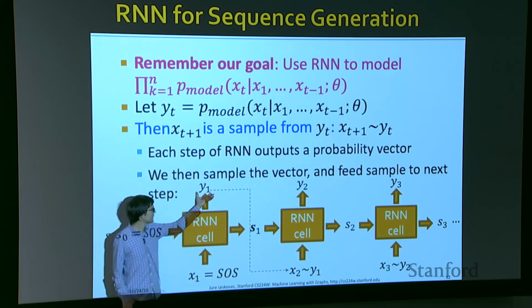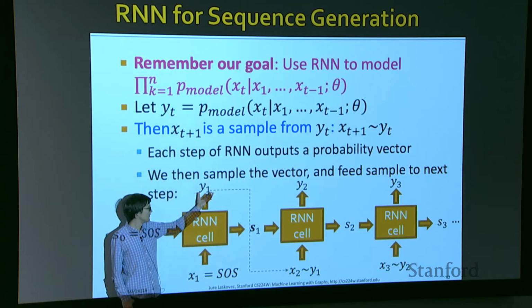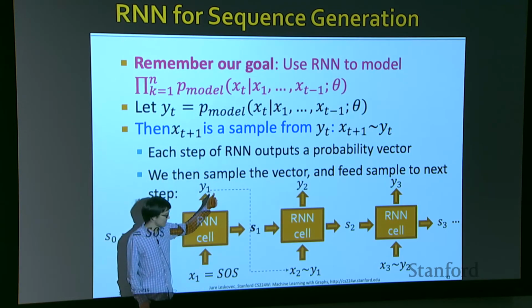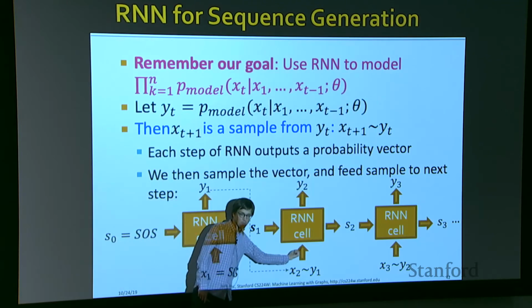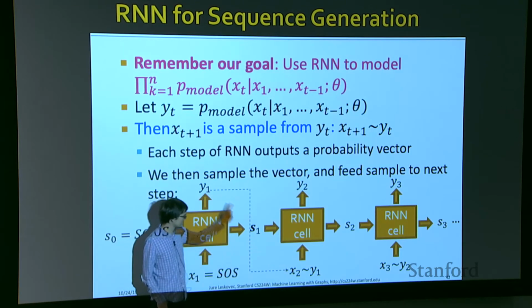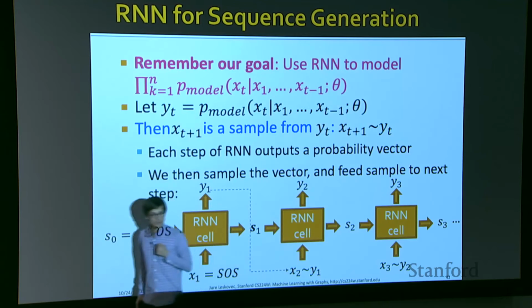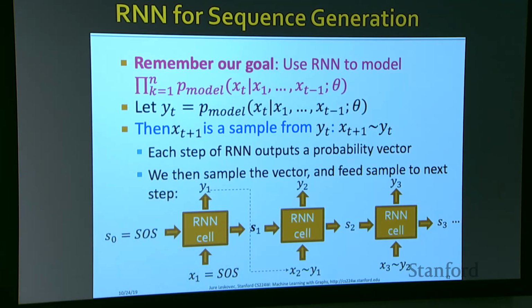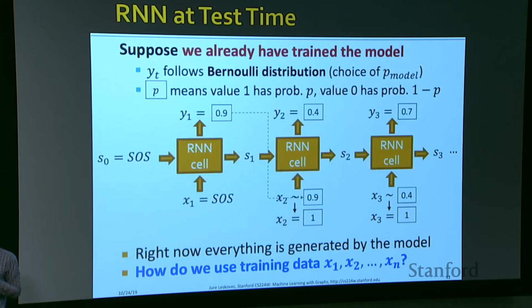Rather than this being, is there an edge or no edge, so 0, 1, this is now a probability. We flip a coin. If the coin says edge, then there will be an input here, edge. If the coin says no edge, the input here will be no edge. Okay? That's the idea. So good.